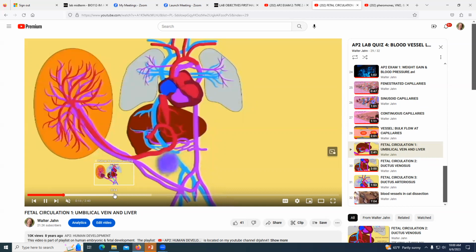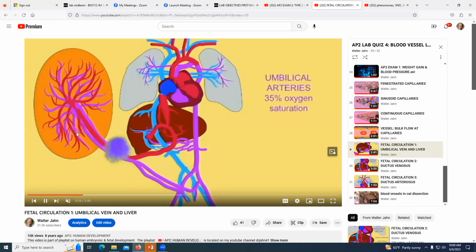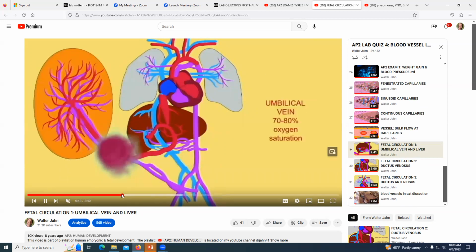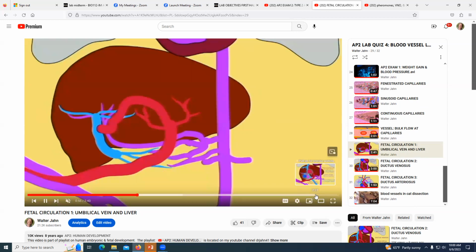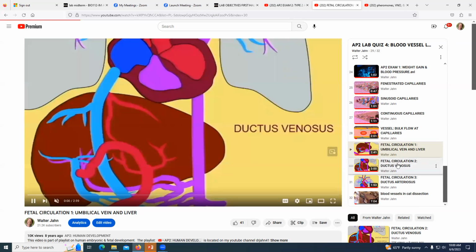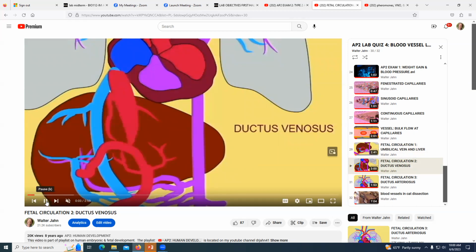So the red thing, which is connecting the umbilical vein to the heart, going through the liver, that would be the ductus venosus, because blood gets oxygenated in the placenta, it goes through the umbilical vein, it reaches the liver, and then goes through the ductus venosus here. If I ask a multiple choice question, what's the adult leftover of the ductus venosus? You would say the ligamentum venosum.